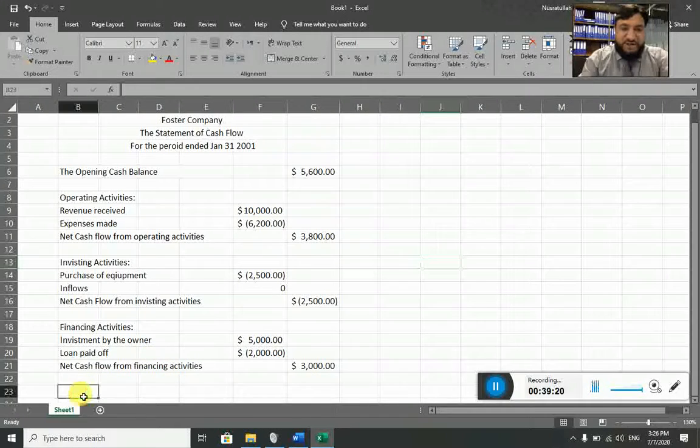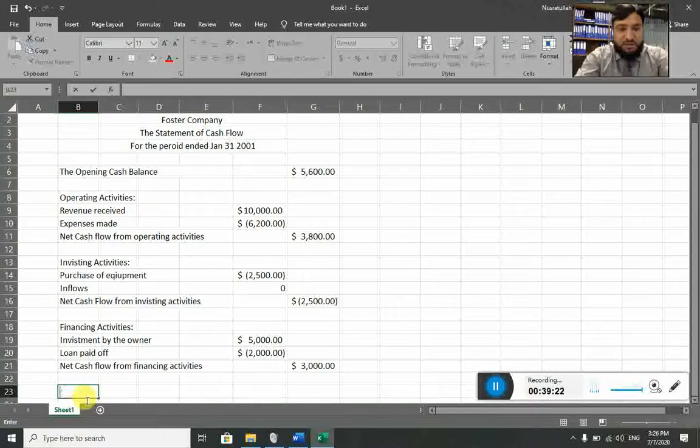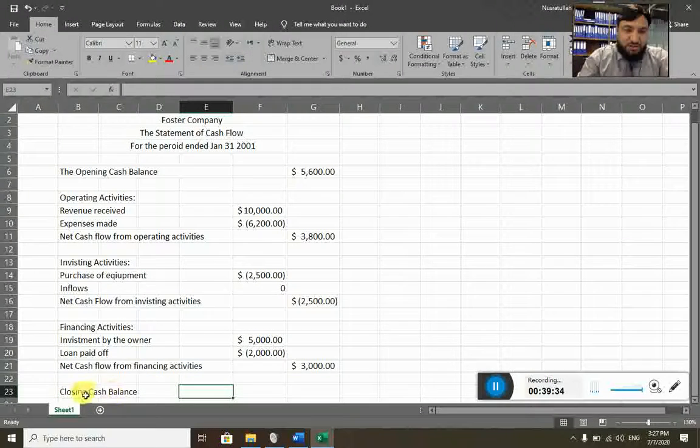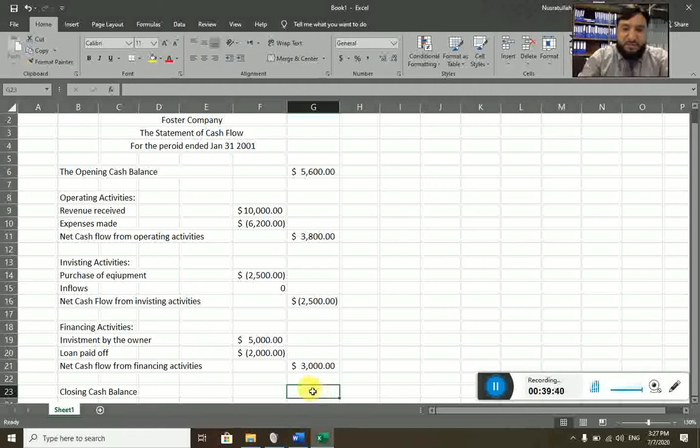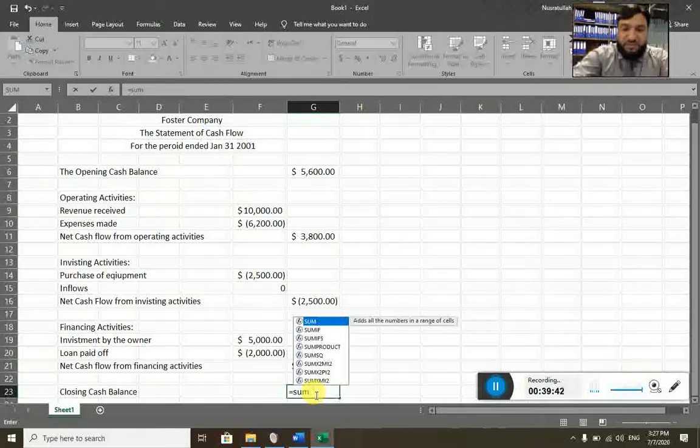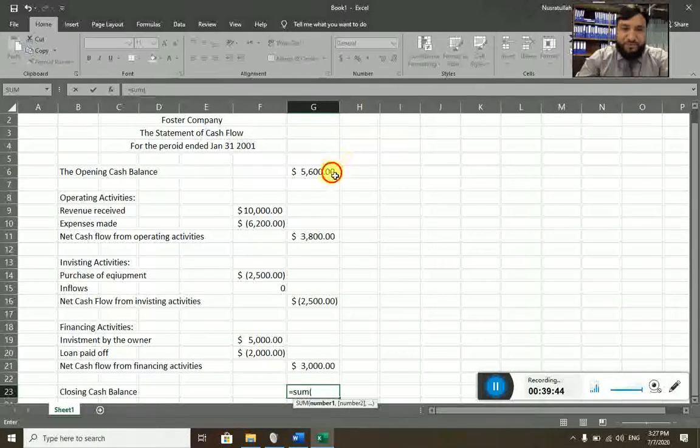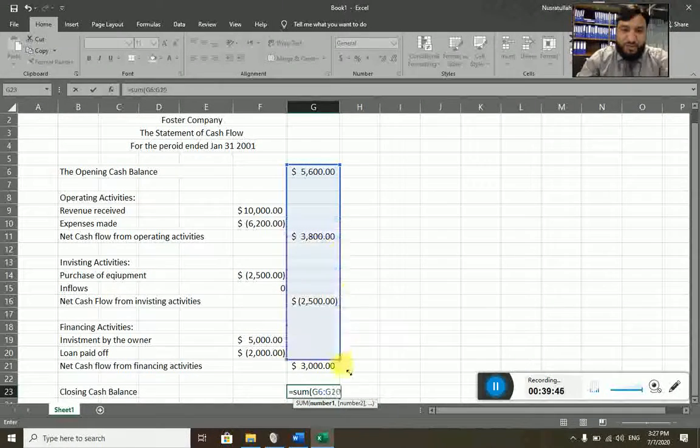So let's find out the closing cash balance. How is it done? We have to sum up all of the results from top to down, from here to here.